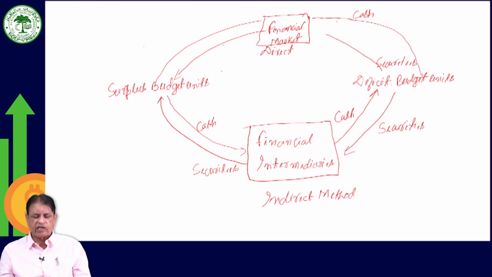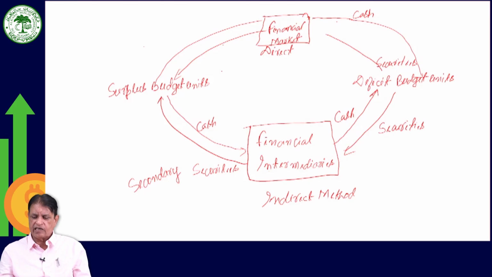So the securities issued by the financial intermediaries are known as secondary securities. These are secondary securities. So secondary securities are the financial claims issued by the financial intermediaries against themselves.